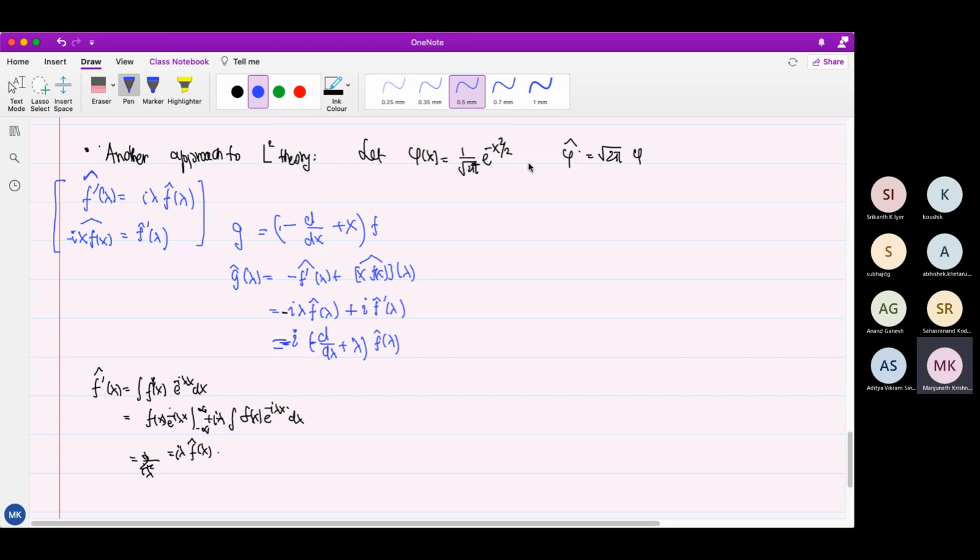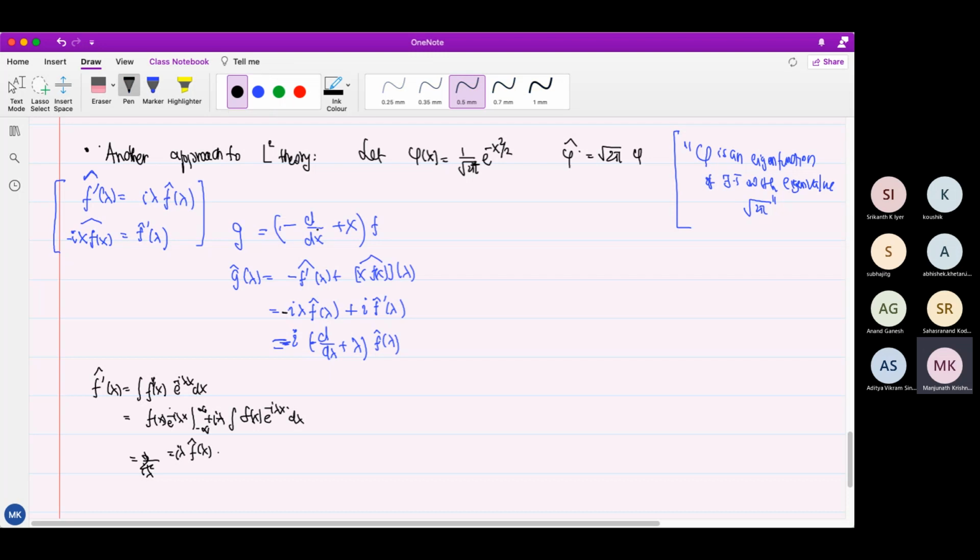I start with this phi, I get phi hat, which is a multiple of phi. So phi is an eigenfunction of Fourier transform with eigenvalue square root 2 pi. Don't ask me what space we are working with, but the Fourier transform of phi is a multiple of phi, so it is formally an eigenfunction.